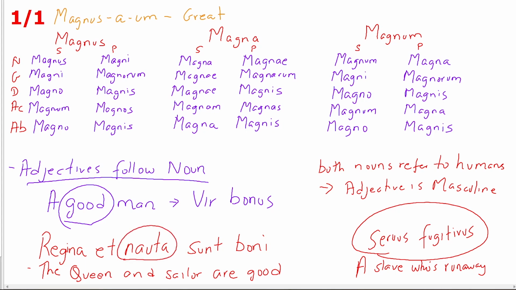Sailor. Sailor also is human. So in this case we say that the adjective is boni. Even though Regina is feminine and Nauta is masculine, because of this rule, since both are referring to humans, it takes the masculine gender.